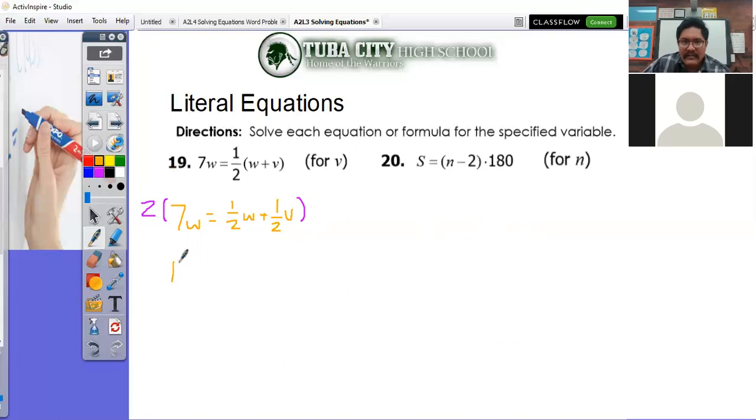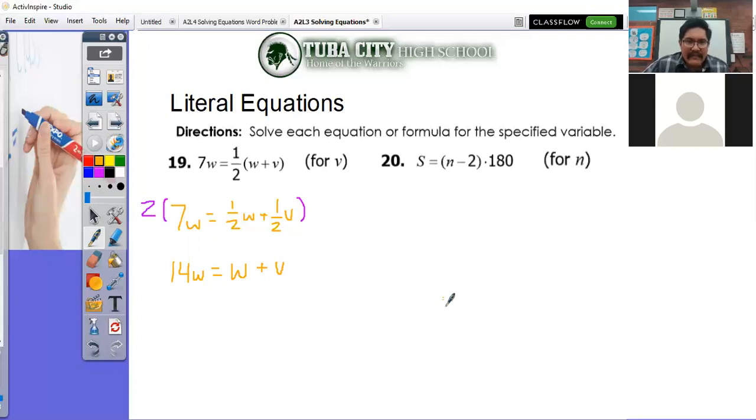So if I double 7, I get 14. If I double half, I get 1, right? Because if you have 2 halves of something, then you get the equivalent of one of those things. Like back in the old days, they used to have half dollars. So 1w and 1v.